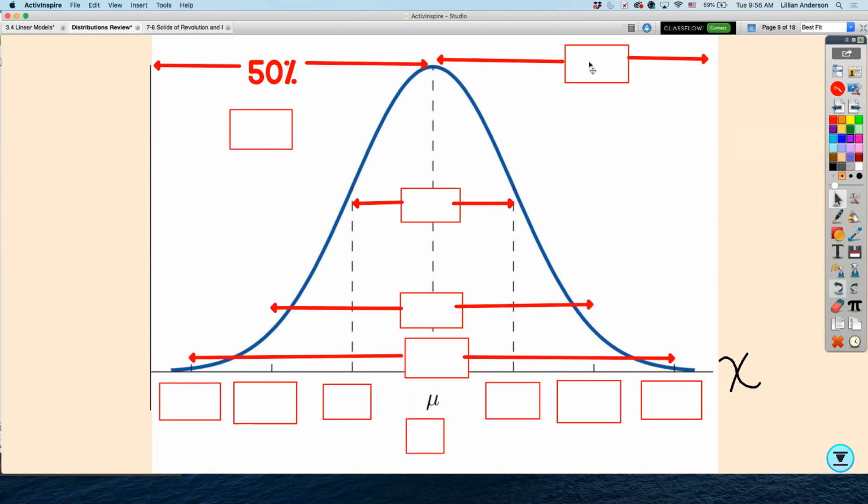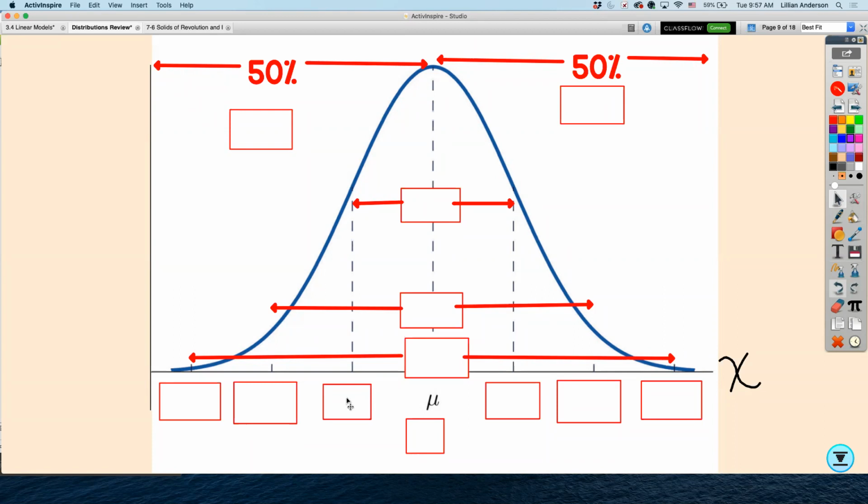50%, and to the right was for a total of 100% that's underneath the actual curve. So 100% of your data should lie underneath your bell curve, your normal distribution curve. Now from there, your normal distribution curve was broken up into 3 sections that were spread out by your standard deviation.